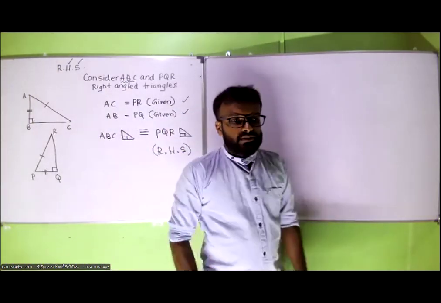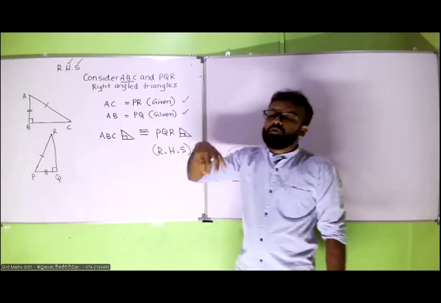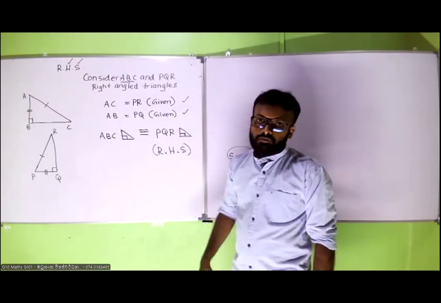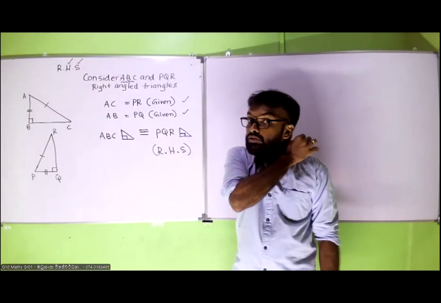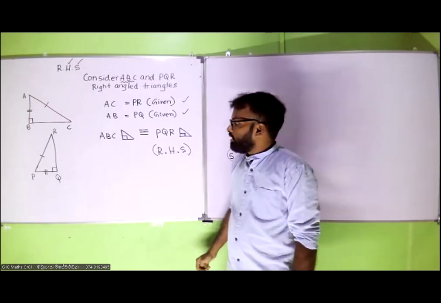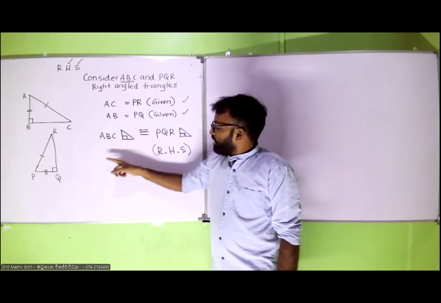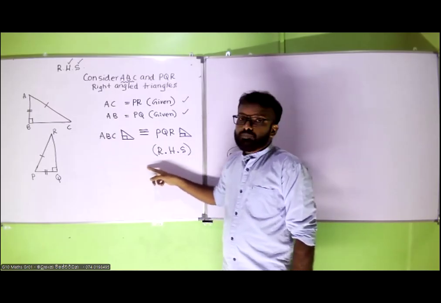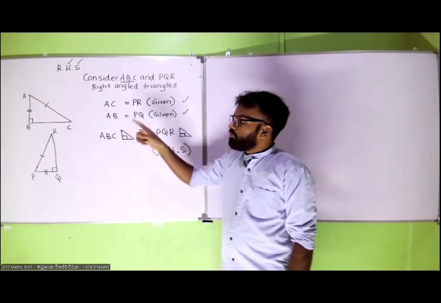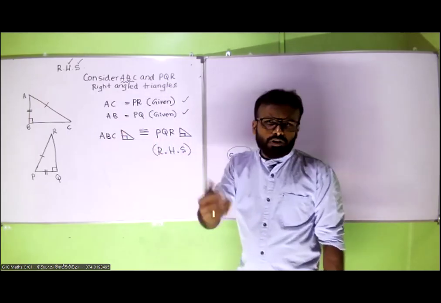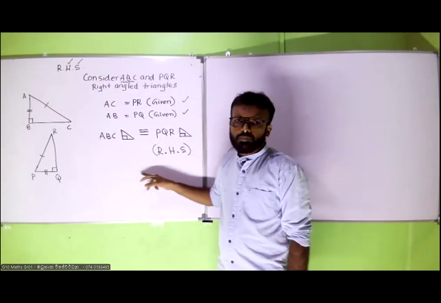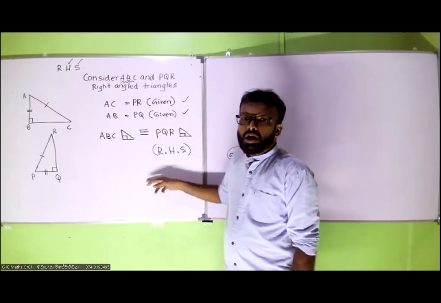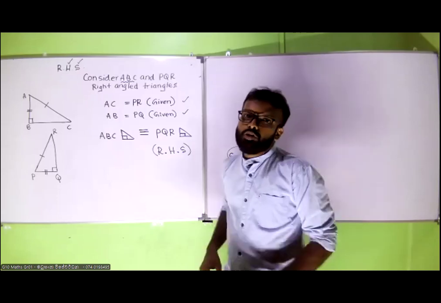If this happens, finally you can come up with the conclusion. What is that conclusion? Therefore, all the corresponding elements between two triangles are equal. Or simply you can write, all the corresponding elements are equal together.